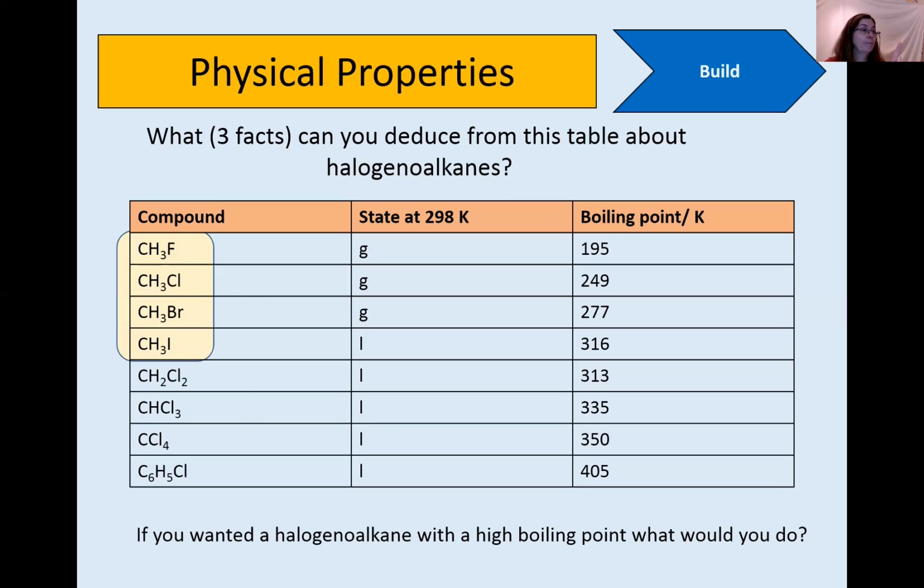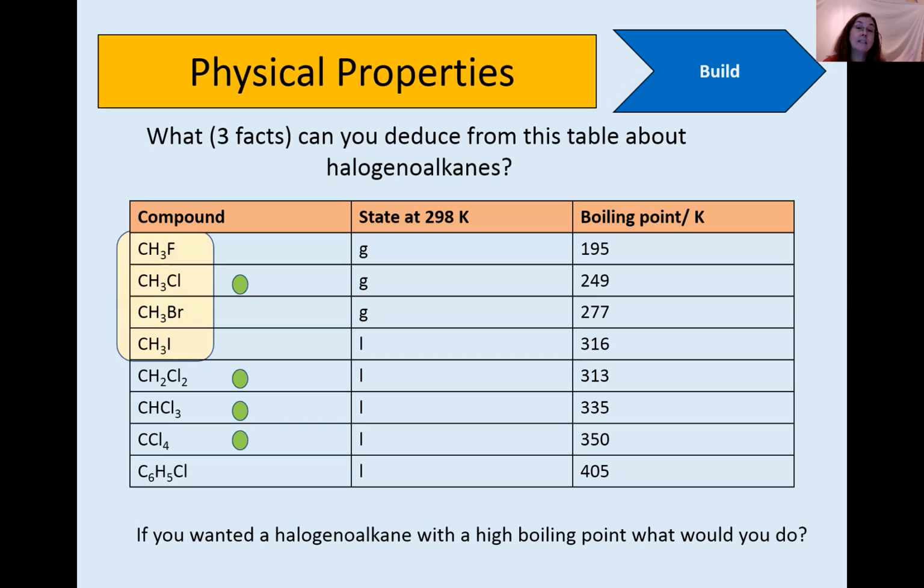I need 2 more. So if we look at the green spots now, I've got chloromethane, dichloromethane, trichloromethane and tetrachloromethane. And if we look at the boiling points of those, you can see that the boiling points increase. So as the mass increases, the boiling points will increase.